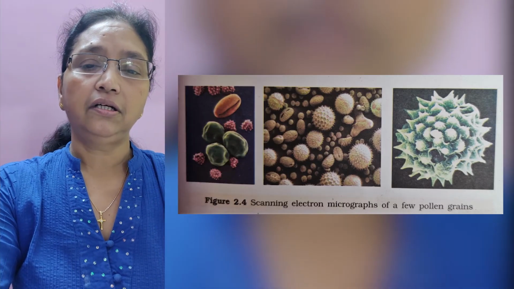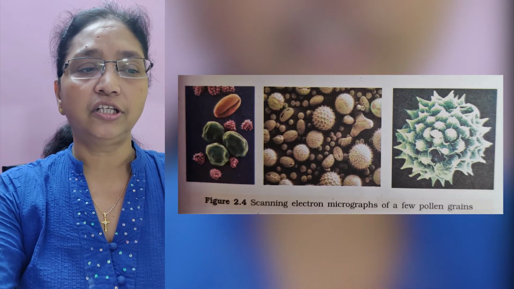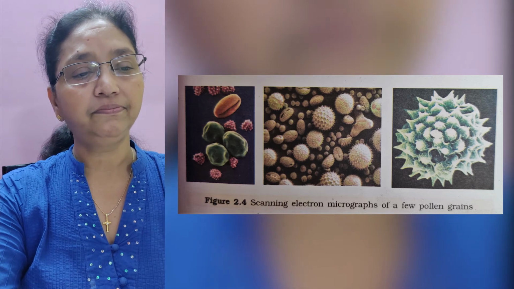As the anthers mature and dry, the microspores get separated and form the pollen grains. The pollen grains are released with the dehiscence of the anther, with the breakage of the anther. The pollen grain is actually the male gametophyte.